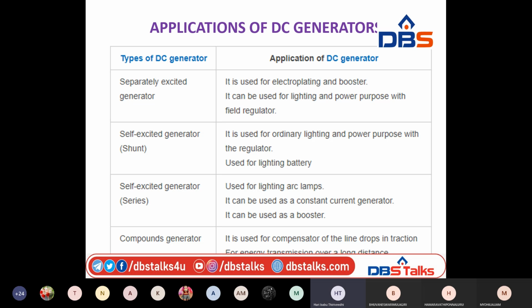Internal means because of armature reaction drop, the voltage may reduce somewhat less than the rated voltage. External means because of ohmic drop, the voltage may again reduce somewhat less than the rated voltage. External characteristics always lie below the internal characteristics. Internal characteristics always lie below the rated voltage.